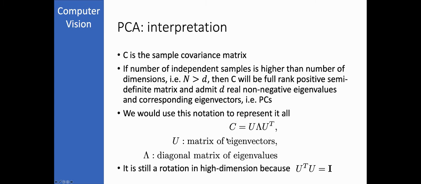The sample covariance matrix will be given as U lambda U transpose, where U holds the eigenvectors in its columns, and lambda is a diagonal matrix with all the eigenvalues on its diagonal. And notice that in this case, it's quite easy to see that principal component analysis is a rotation, because the transformation matrix satisfies U transpose U is an identity. So I still do a rotation in the high dimensions.